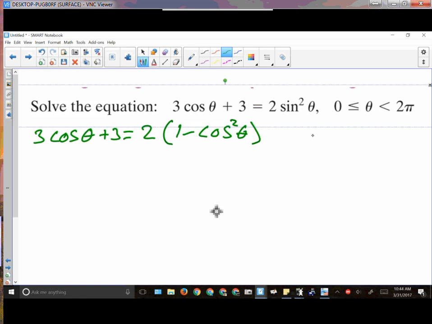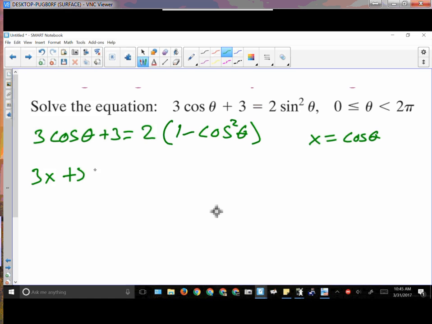So now if I set x equal to cosine of theta, I get 3x plus 3 is equal to 2 times 1 minus x squared. Have I just simplified the problem immensely? So that means that I'm looking at 3x plus 3 is equal to 2 minus 2x squared.